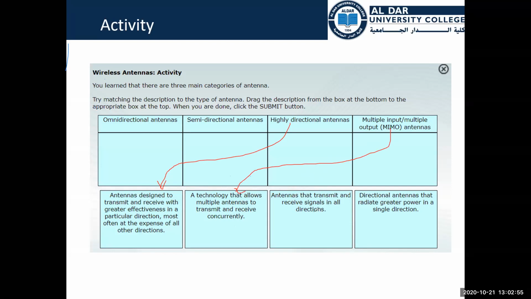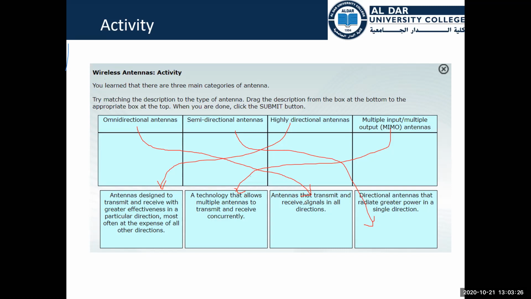What about the antenna that transmits and receives signals in all directions? Omnidirectional, yes, exactly. And the last one is difficult because we cannot answer it. Doctor, you said it's only in a single direction, so it's semi. No, omni is not single.